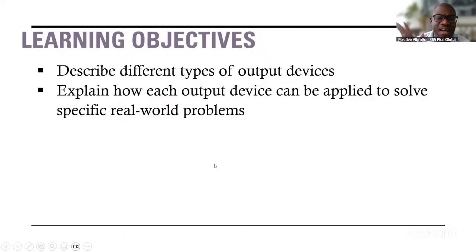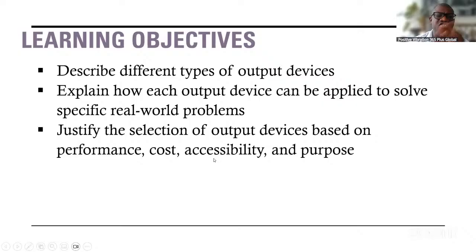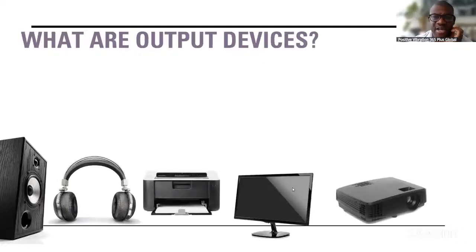What purpose do they serve in the various devices they're on? And then we want to justify the selection of output devices based on performance, cost, accessibility, and purpose. So why would I buy one type of monitor versus another? The performance, the cost, how accessible it is, and the purpose will help us make the decision.